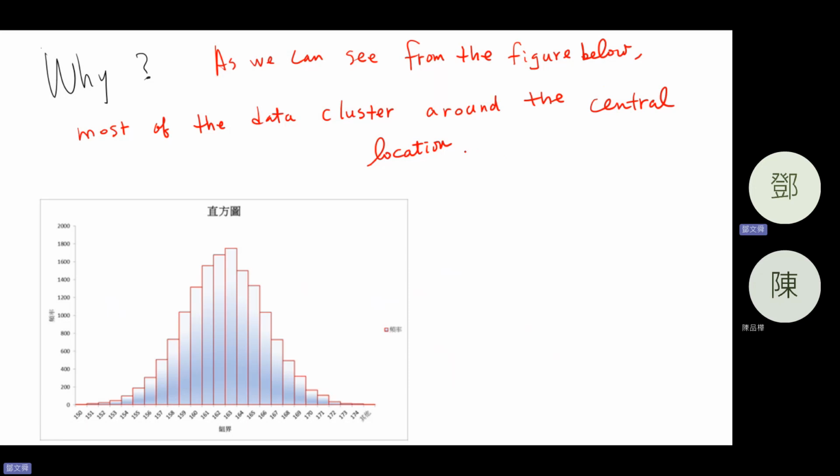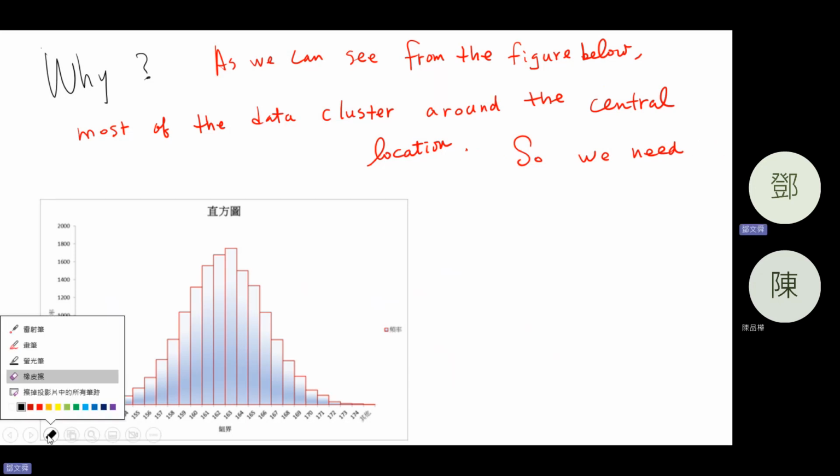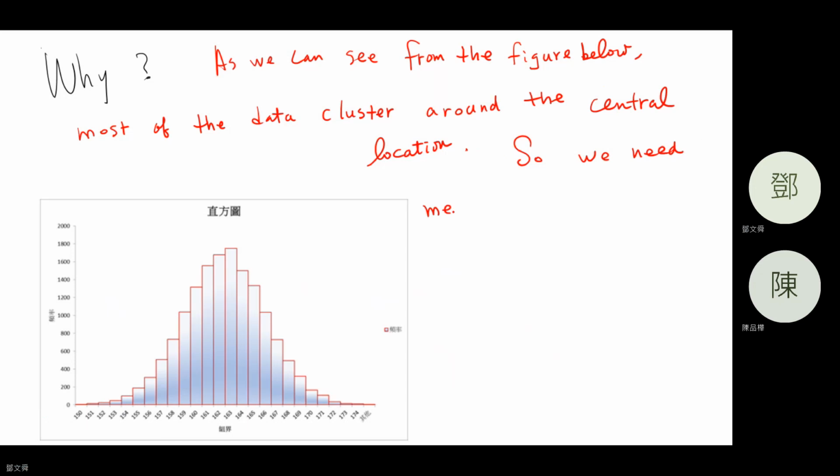Okay, so we need some measure. We need measures of central location, or measure of central tendency.